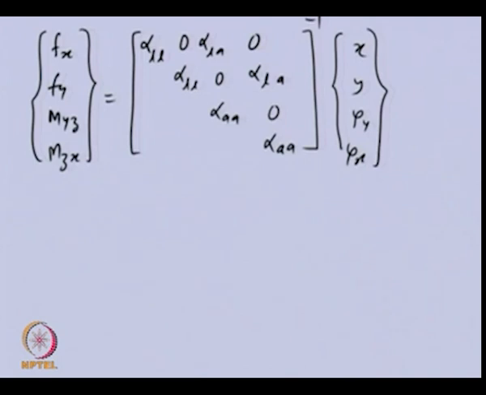So earlier we related x as alpha linear fx plus alpha linear angular m zx. So basically all such relations which we had earlier, I have put in a matrix form here.